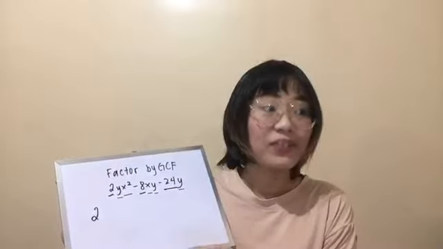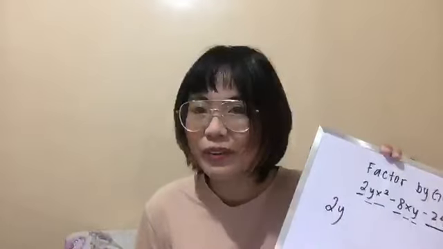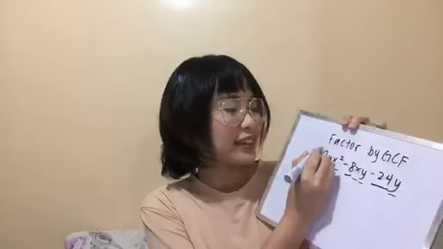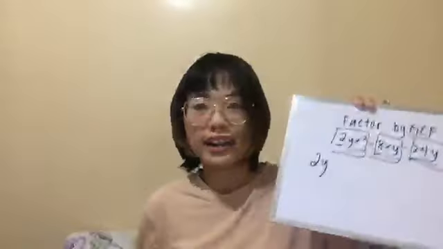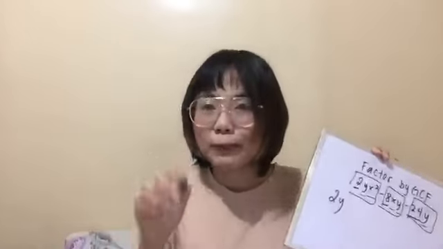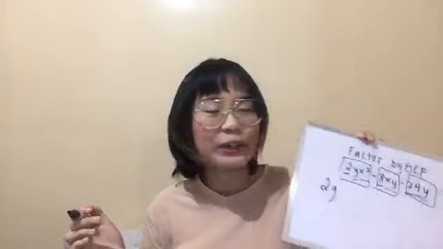Y. That's correct, so we factor out y. Therefore, the greatest common factor for this equation is 2y because all of these terms have 2y. That's the thing with math. You can do it piece by piece into bite-sized pieces until you're able to solve them.